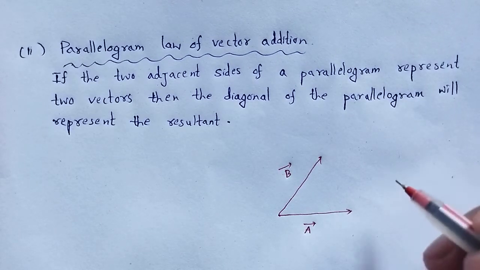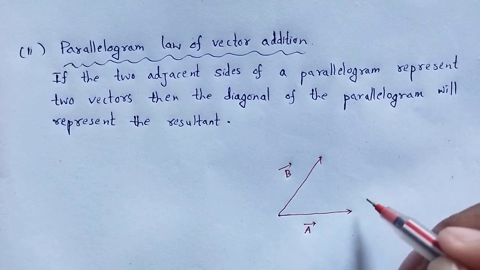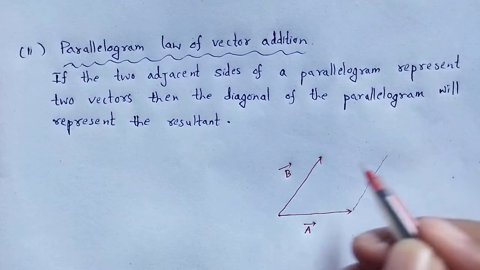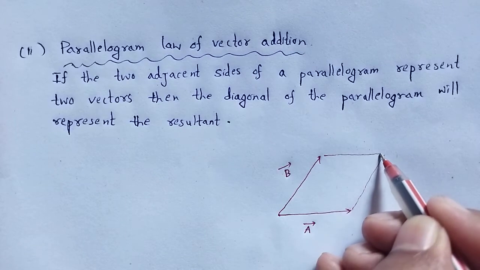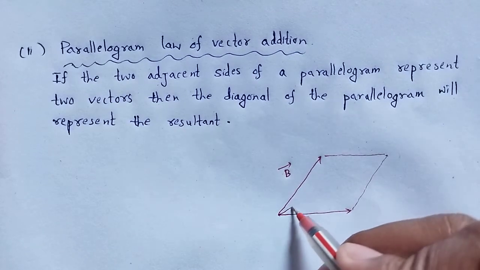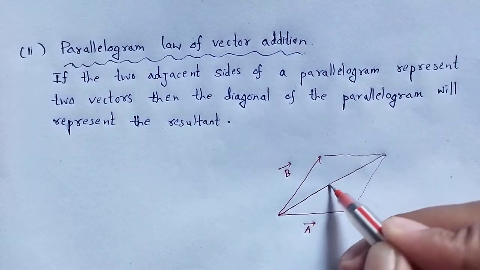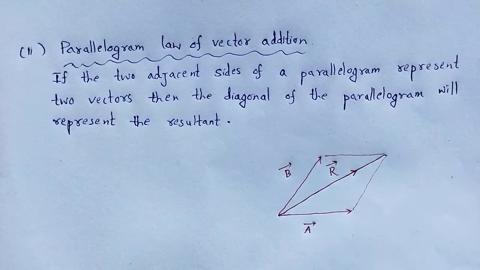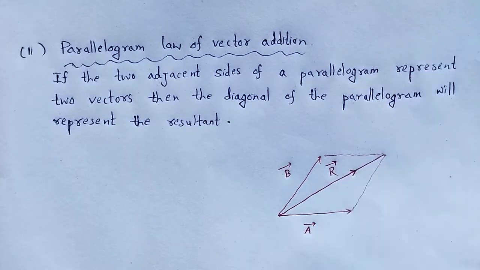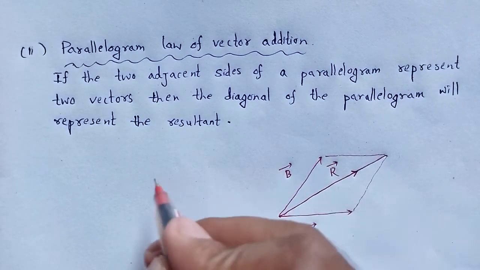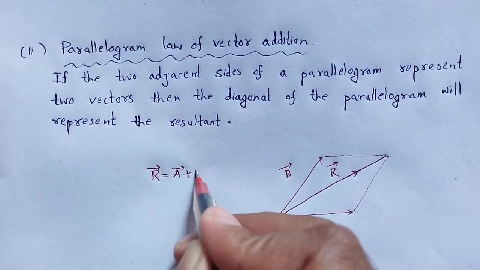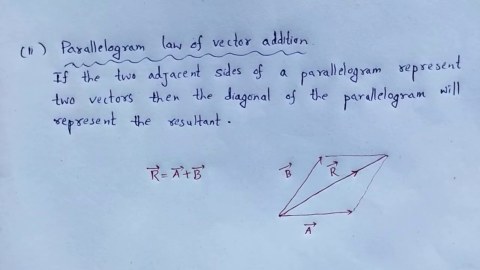Then the resultant is the diagonal of the parallelogram. This one is the diagonal and that is the resultant vector R. We can write R vector is equal to A vector plus B vector.